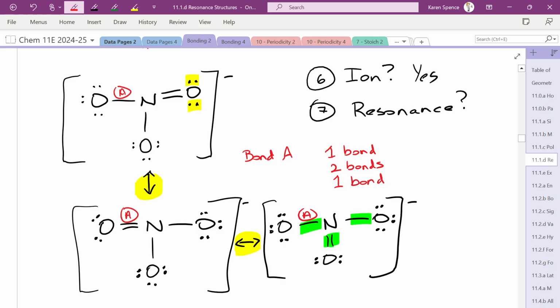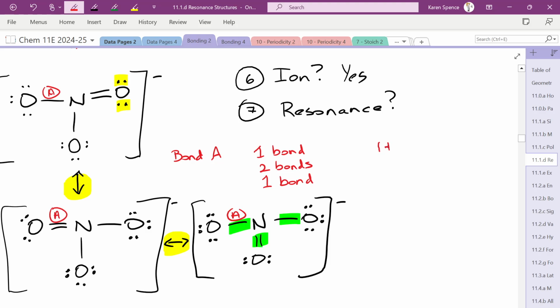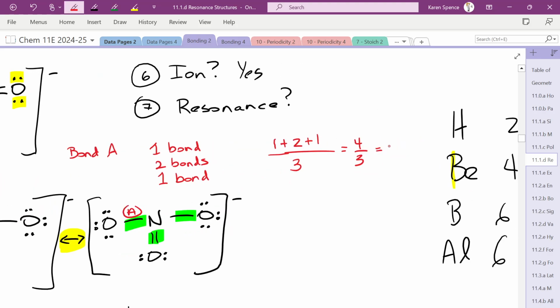So that's 3 different situations. So we put 1 plus 2 plus 1 divided by 3 is 4/3, which is 1.333. And you can just put a 1.33, or you can say 1 1/3. That is our bond order.